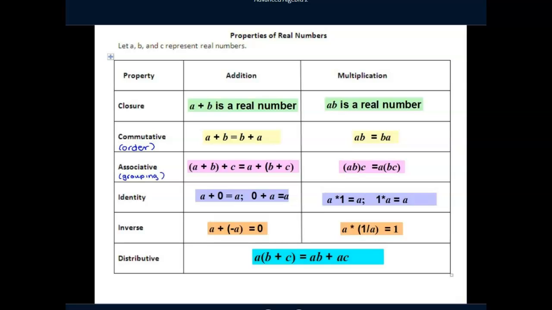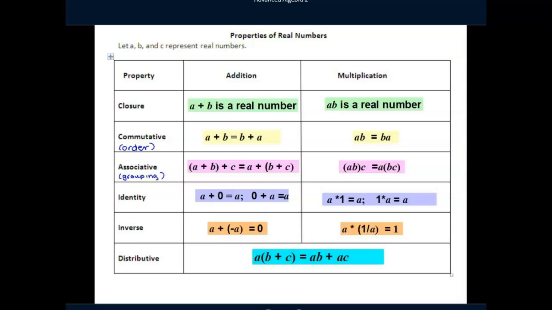And the inverse property is how you get the identity property. So the inverse of A is negative A if you're adding, and the inverse of A if you're multiplying is 1 over A. And then the distributive property, we all know the distributive property.